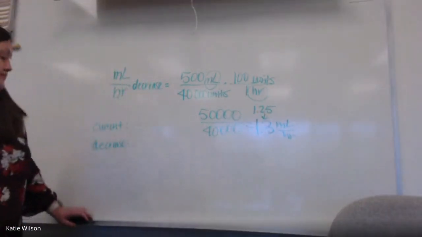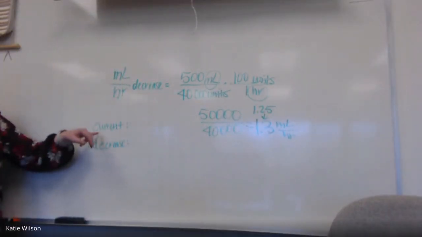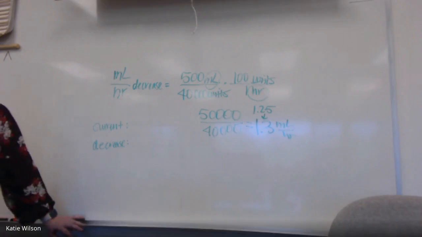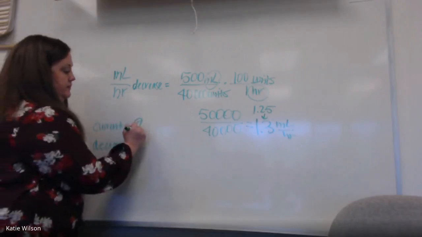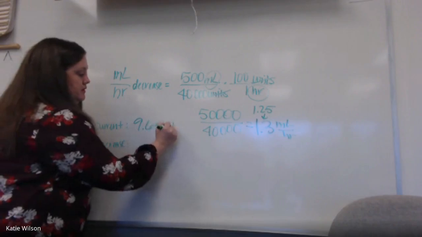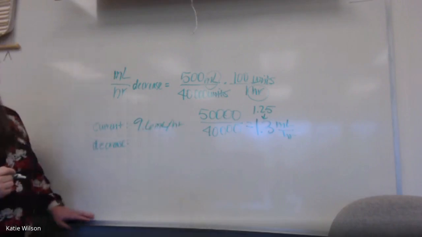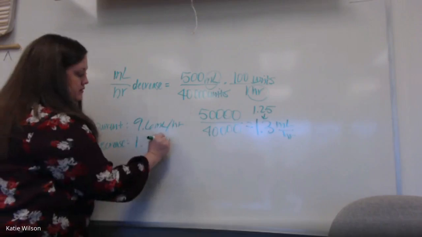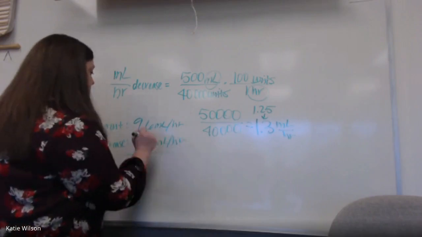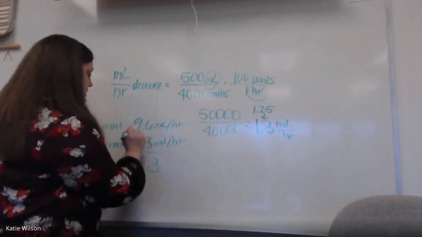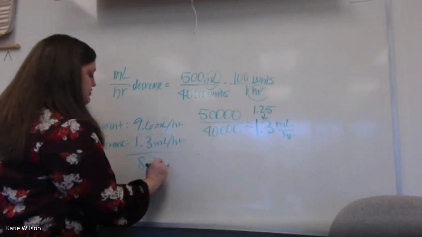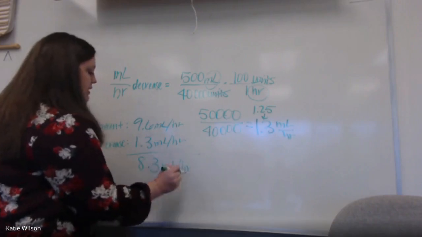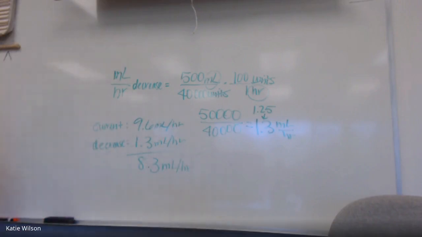So what is our current rate that we're infusing? 9.6 minus what we got, the 1.3. So 6 minus 3 is 3, 9 minus 1 is 8. So we should be getting our rate changed to 8.3 milliliters per hour.